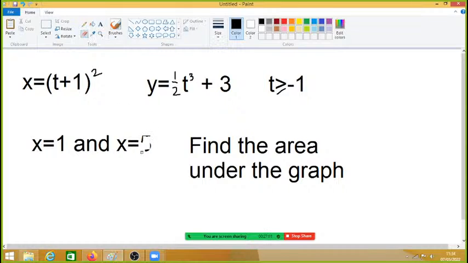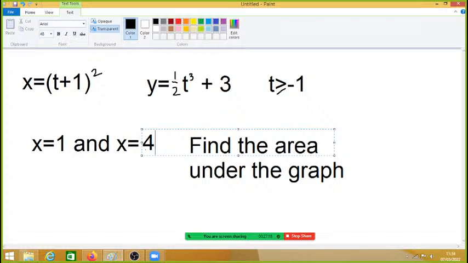And I'm just changing that 5 limit to 4. That should make it easier when you get to the numbers.